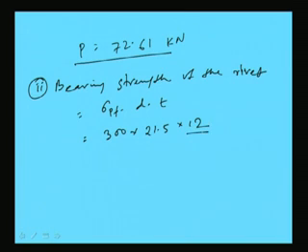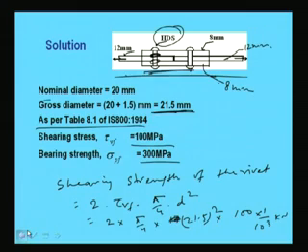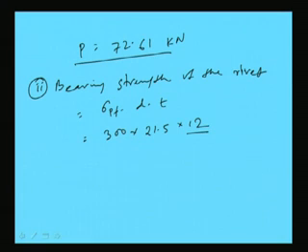Why T is 12? Because this is 12 millimeter thickness and for the cover this is 8 plus 8, it is becoming 16. So, failure will first happen at this. So, bearing strength of the rivet will become 300 into 21.5 into 12. This will be in Newton. So, this is coming 77.4 into 10 cube Newton.